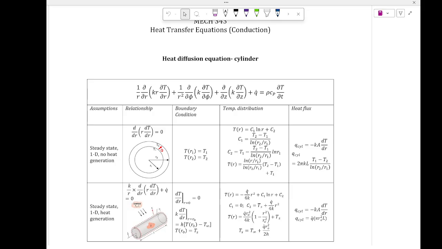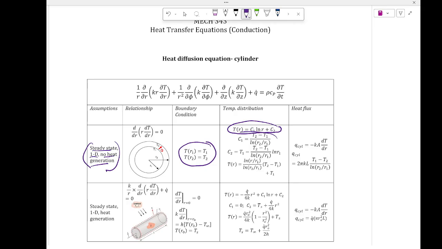So what is the benefit of this equation manual? If you have this equation manual, then things will be much easier. If you have a situation like what we are trying to solve, where you have steady state 1D, no heat generation, and you have these two temperatures known, you guys agree? Is that the situation we have, Matt? Exactly that situation, right? So you can use this solution, everybody see that?